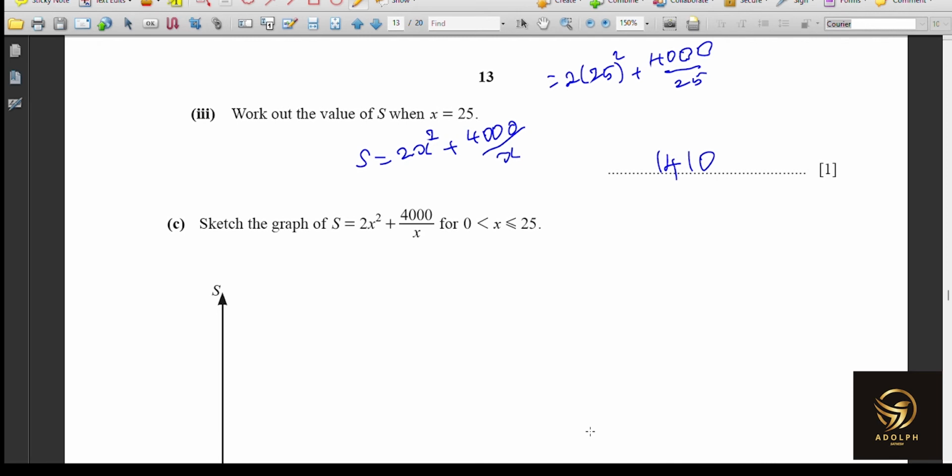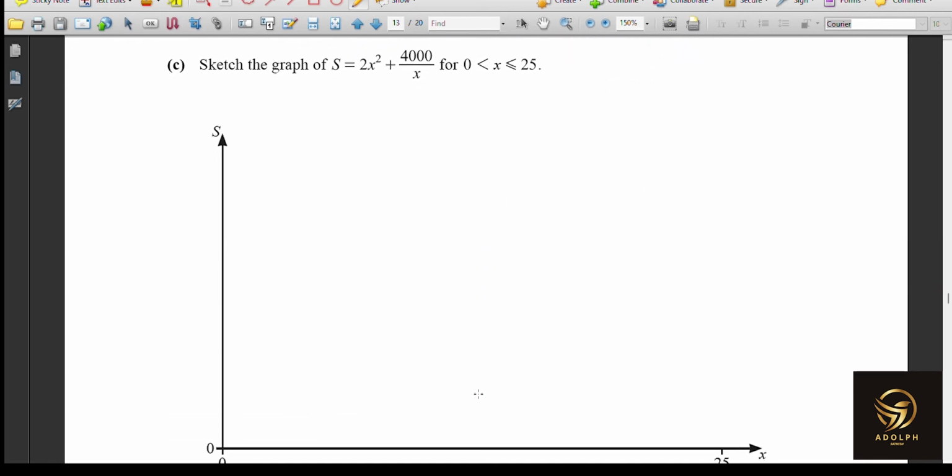Next, sketch the graph of S equals 2x² plus 4000 by x for 0 less than x less than or equal to 25. So we have to draw the curve. If you put these values in your GDC, then we are getting the curve like this. And the maximum value we have got for 25 is 1410.